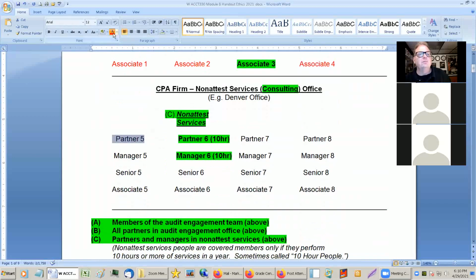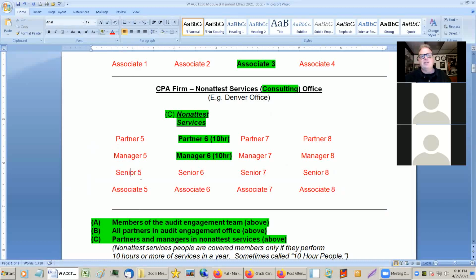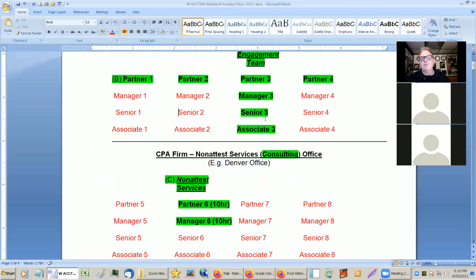So these are going to be the people we're talking about. If you are a senior that's not on the audit engagement team, covered member rules don't apply to you, right? However, there are still a couple of rules that apply to these other people. So this is for non-covered members.